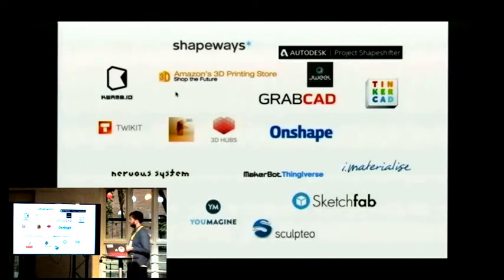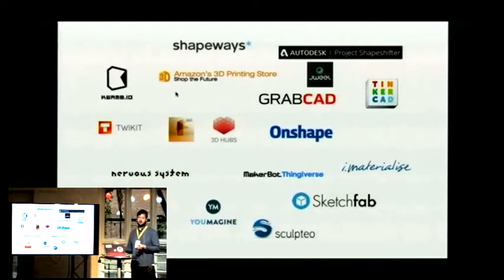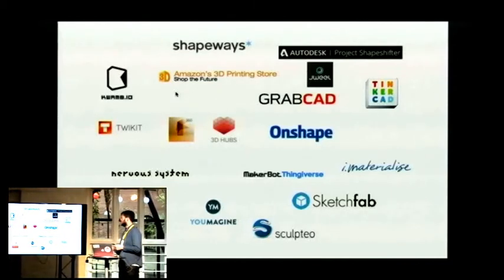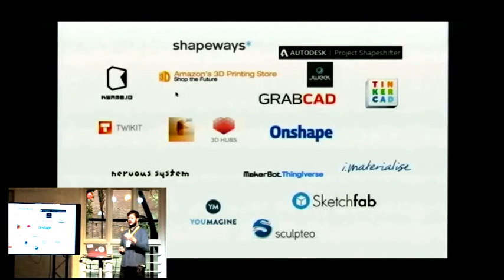I think interesting programs for me that are coming up now are things like 3D Hubs, which is a distributed provider of 3D printing services, unlike Shapeways, where they make everything themselves. With 3D Hubs, if you have a 3D printer, you can say that I have a 3D printer, and my 3D printer costs $1 a minute to use, and if you want, you can use my 3D printer.